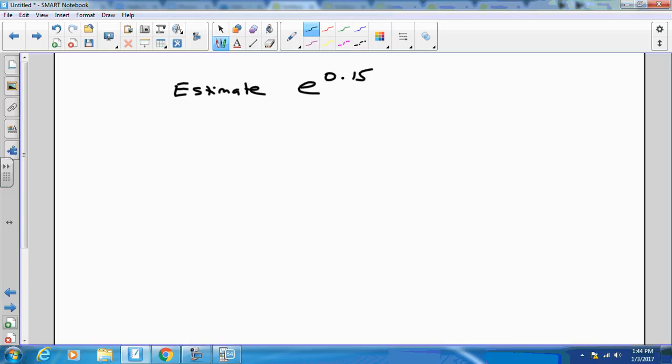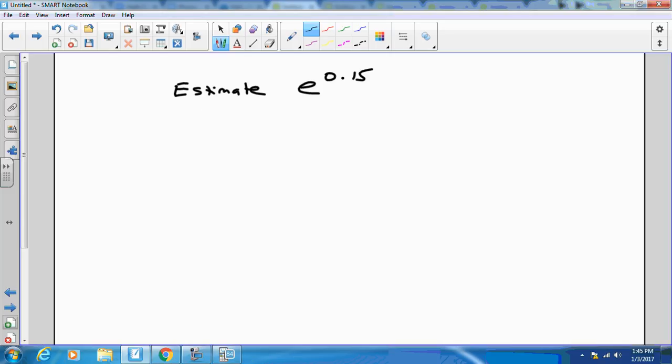Ugh. If I pulled you off the street and said, here, do this, estimate e to the 0.15 power, you'd be like, how do I even? That's like the 100th root of e to the 15th power. No, not going to do that.